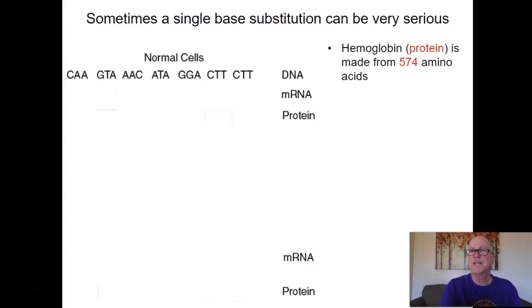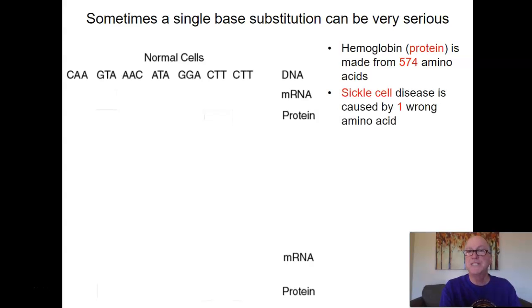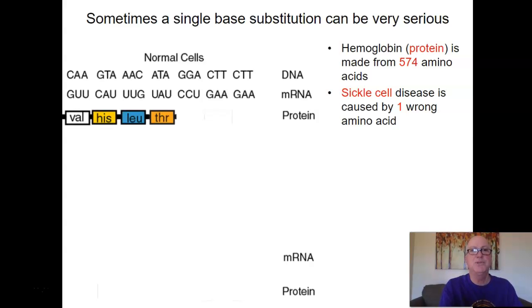But sometimes a single base substitution can be very serious. So hemoglobin, which is a protein in your blood cells, is made from 574 different amino acids. Sickle cell disease is caused by one amino acid being incorrect. So in this case, if you look at the normal cells have normal DNA, they produce normal RNA, and the protein sequence that we get is as follows.